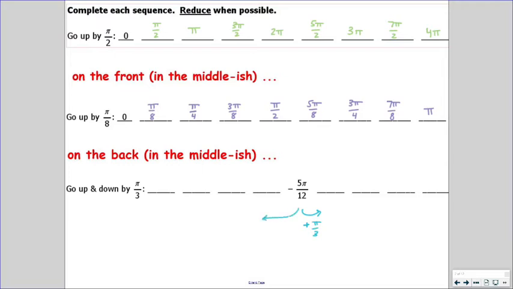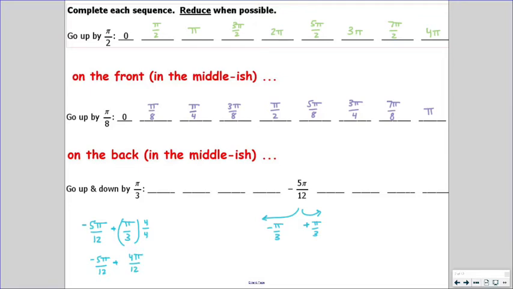Going this direction to get backwards, we need to subtract pi over 3. Now, pi over 3 and negative 5 pi over 12 don't have common denominators, so I'm going to find a common denominator. If I want to add pi over 3, I'm going to multiply the top and the bottom by 4 in order to get that common denominator. So in this case, we're going to be adding 4 pi over 12 every time we go up.